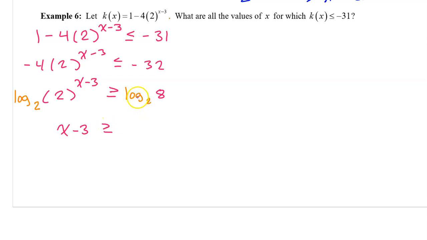On the right hand side we have the log base 2 of 8, which is 3 because 2 to the third power is 8. Finally, we can get x by itself by adding 3 to both sides. That gives us x is greater than or equal to 6. And that's the answer.